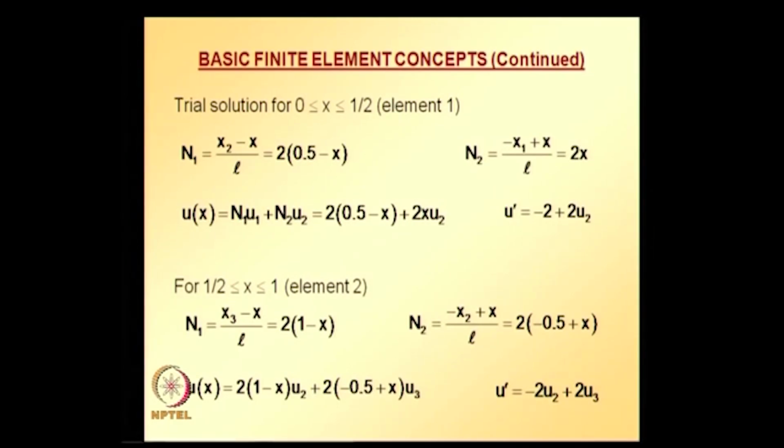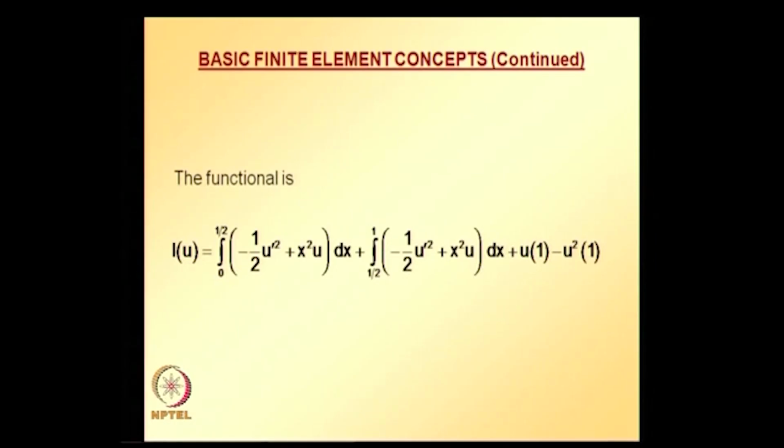Substituting all these quantities, that is the trial solution and the derivative of the trial solution, into the equivalent functional, here there are 2 elements. So, you will have 2 integrals, the integral over the first element plus the integral over the second element. The first element domain is from 0 to half and the second element domain is from half to 1, and the last term is the boundary term, which in this particular discretization, x is equal to 1, corresponds to u3. So, u evaluated at x is equal to 1 is u3.